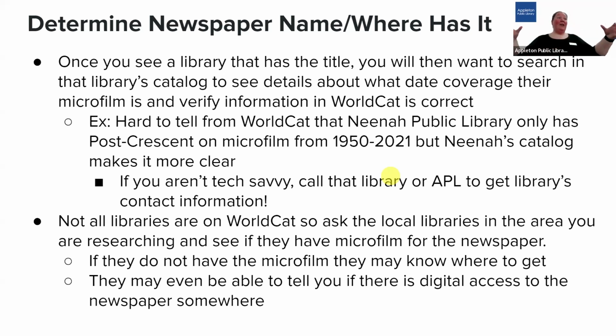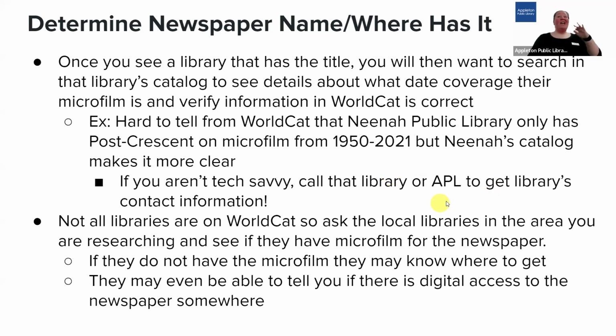It just says, hey, we have Post-Crescent. It doesn't say what years until you go into the Neenah Public Library catalog or give them a call and say, hey, I heard you guys have microfilm of Post-Crescent. What years do you have? Because if you're going to search for 1920 and you show up at Neenah, unfortunately, they don't have it for that year. So you want to make sure that they have it before you go rush there to take a visit.